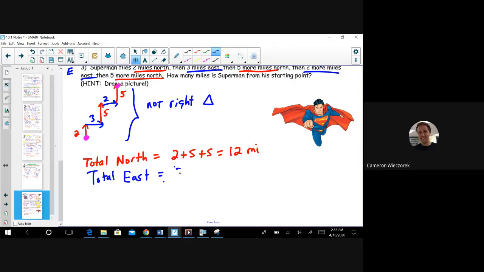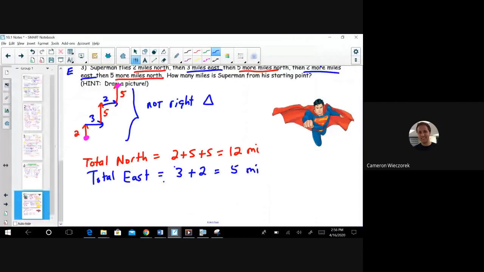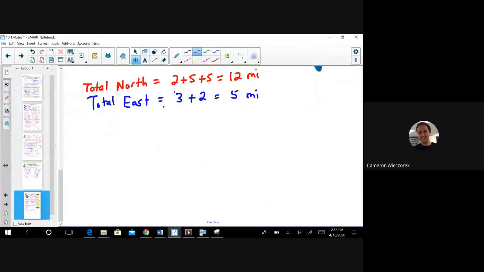He went 3 miles to the right and then 2 miles to the right, so 5 miles to the right. And so I can make a nice right triangle with those numbers. He went 12 miles up, and he went 5 miles east. There's my right angle. Now, there's where he started, that's where he ended. Now I have a nice right triangle.